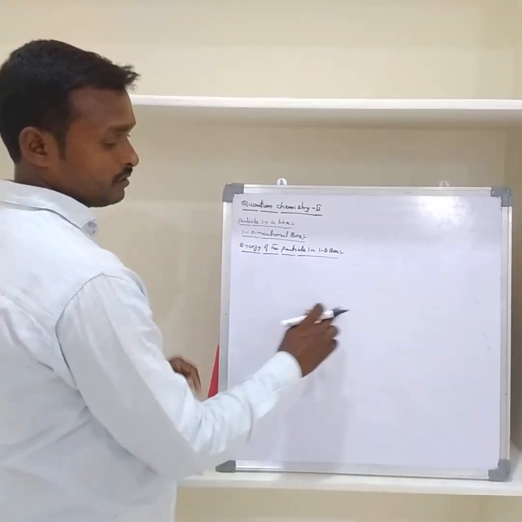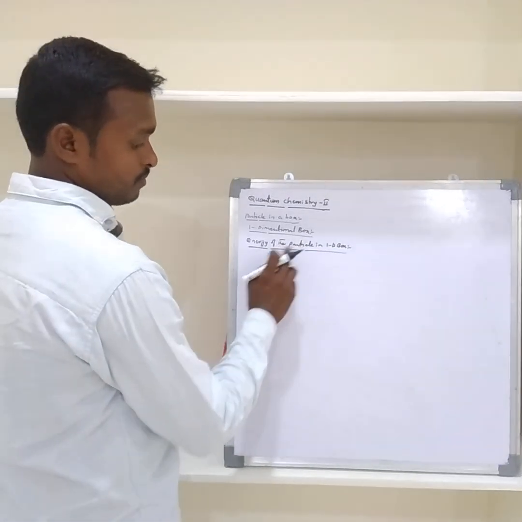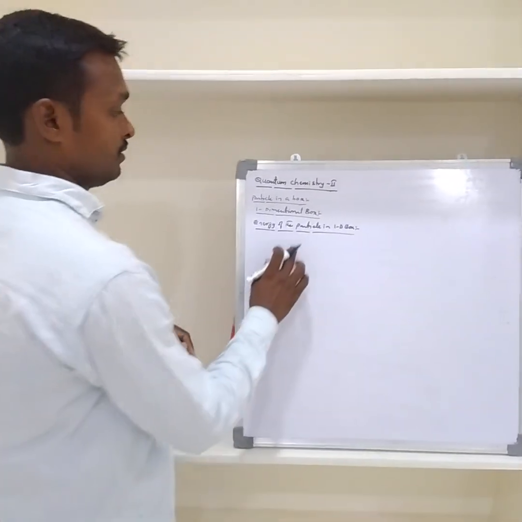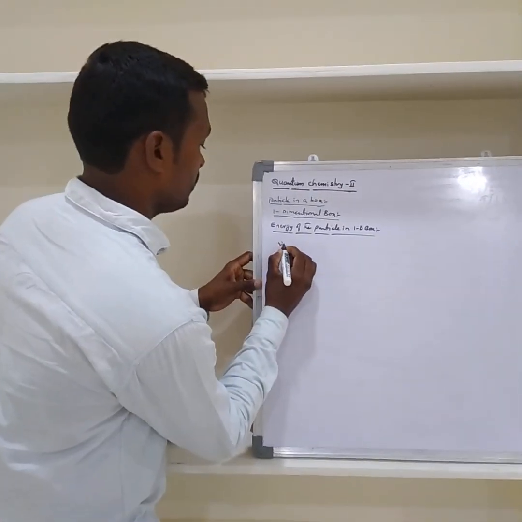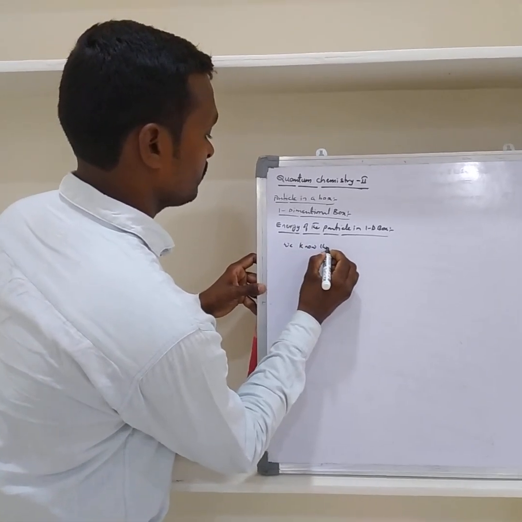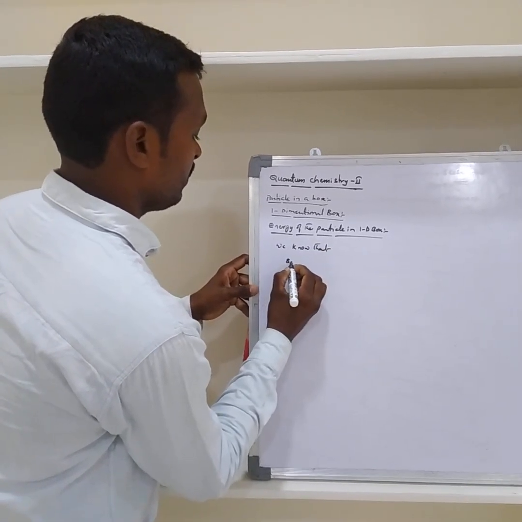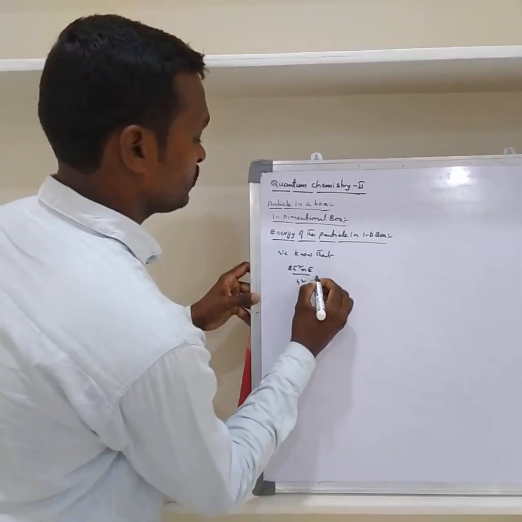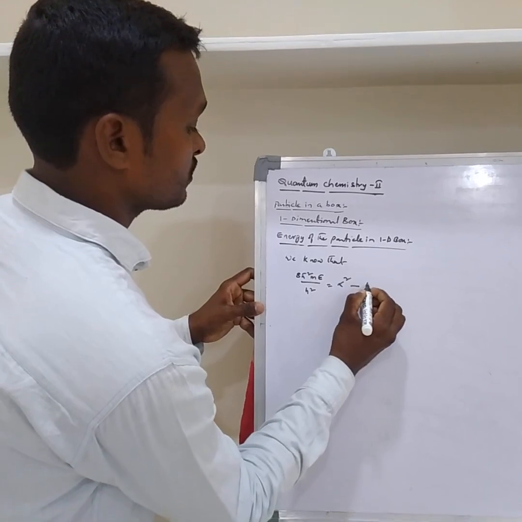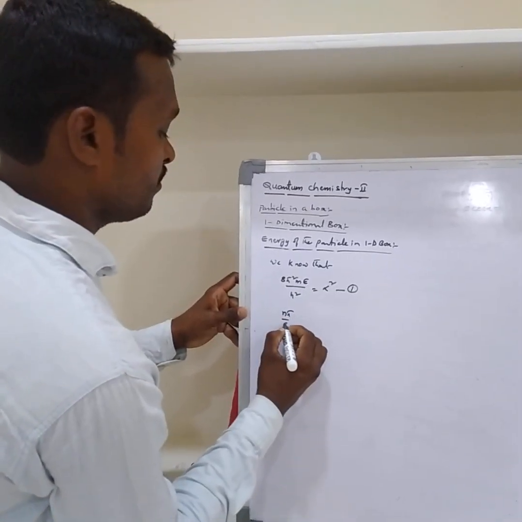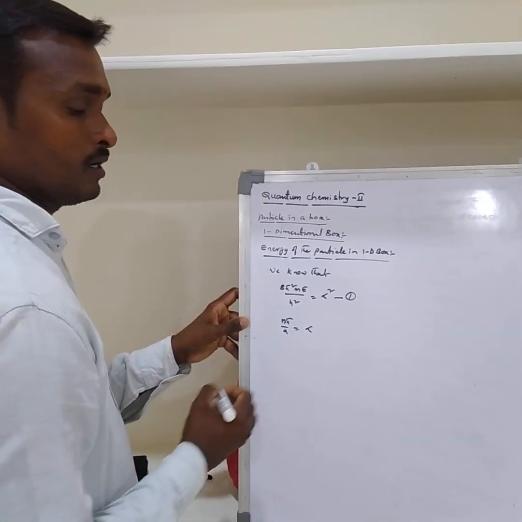Energy of the particle in a 1D box. So the energy of the particle is nothing but the electron energy in a one dimensional box. Here we know already, from the previous derivation, 8π squared m by h squared value, we know alpha squared, and nπ by a we assume as alpha.